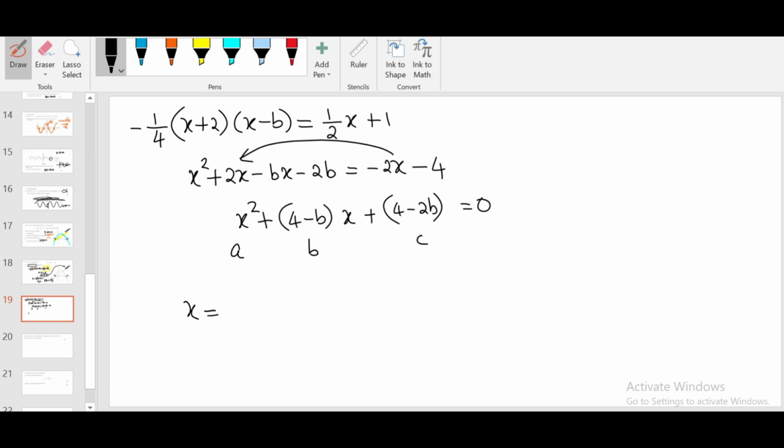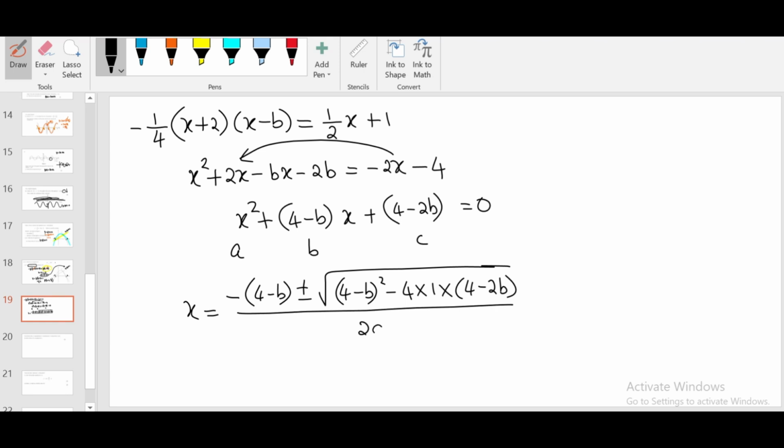x is equal to minus b plus or minus square root of b squared minus 4ac, divided by 2a. Carefully simplify this.